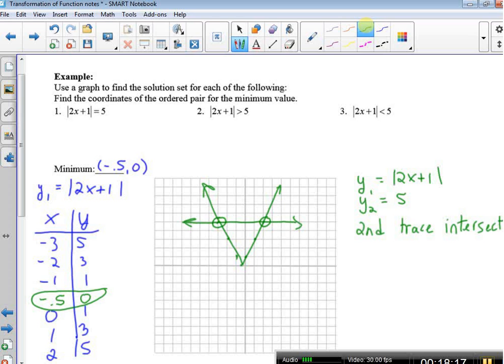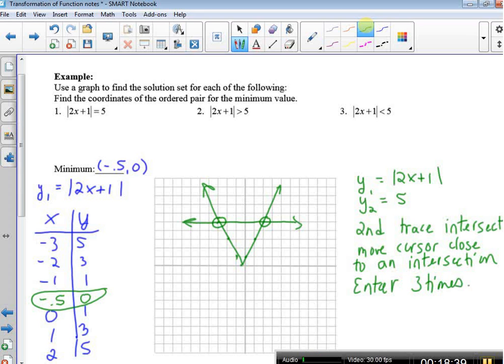What are they? So when you go to second trace intersect, you move the cursor close to an intersection, and then you hit enter 3 times. And then you repeat for the other intersection.